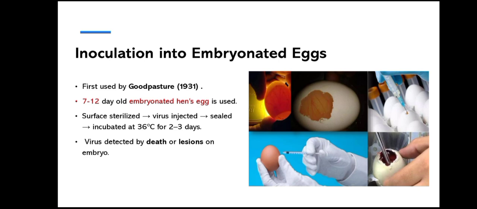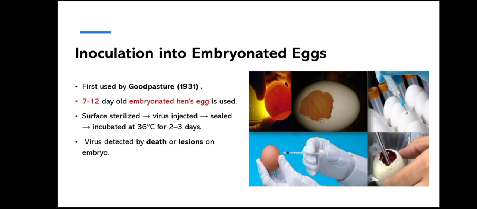First the surface is sterilized, then the virus is injected, and then it is sealed and incubated at 36 degrees for 2 to 3 days. After the incubation period, the egg is observed, and the virus can be detected by the death or the lesions on the embryo.